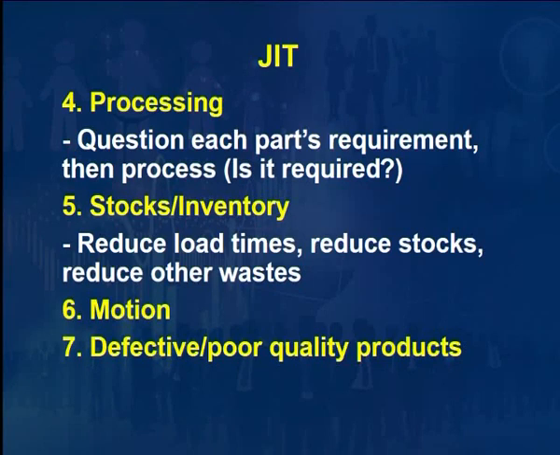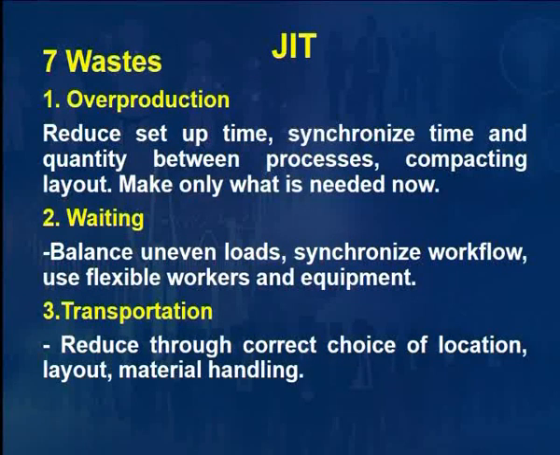So in overproduction, you will see from the slide, the solutions are reduced setup time, synchronized time and quantity between processes, compacting layout, make only what is needed now, balance uneven loads, synchronize.